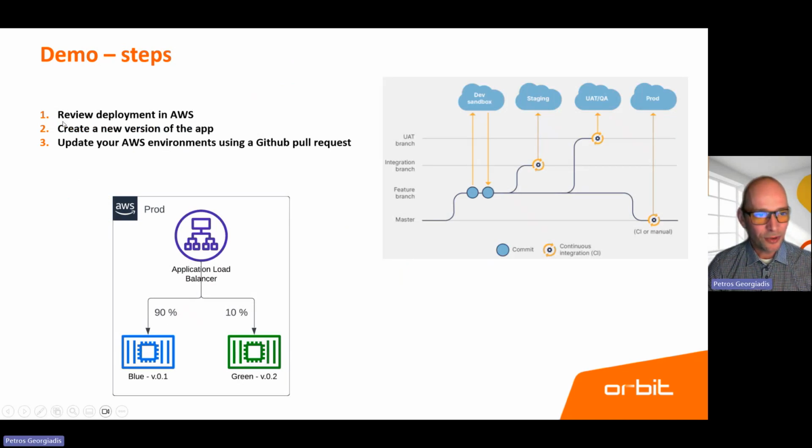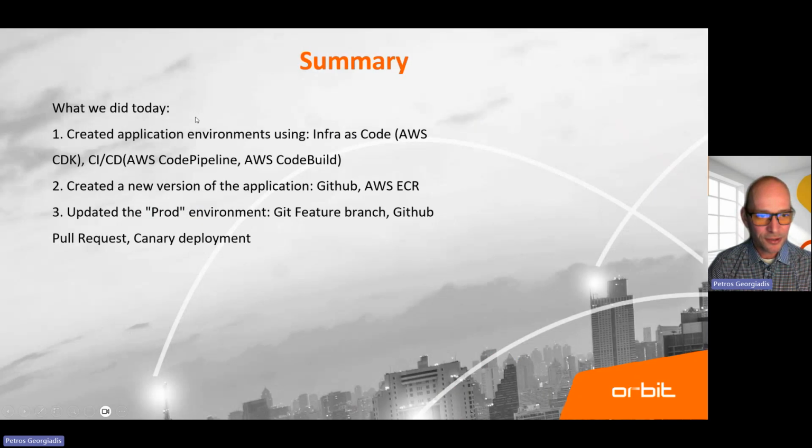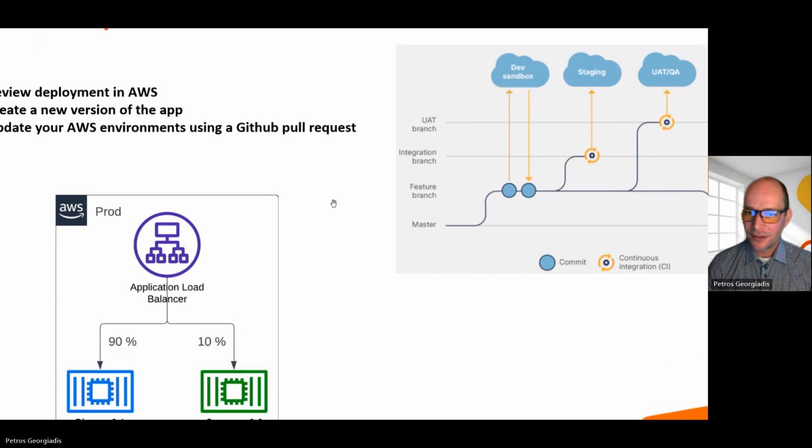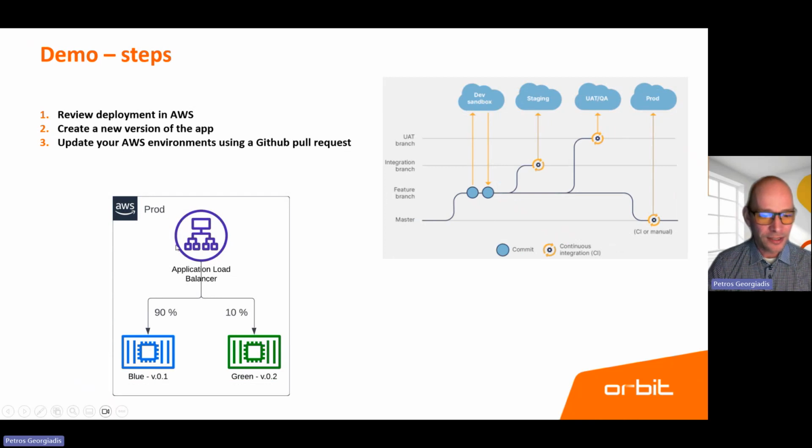And now for the demo: review deployment, this is what we did previously, sorry. Review demo, create new app version, we did it already. Update AWS environment using GitLab pull request. And these are actually the proposed steps. I was thinking of improvising, but we have spent quite some time already and I don't want to get it boring.